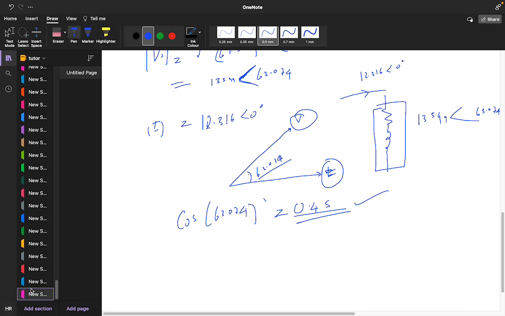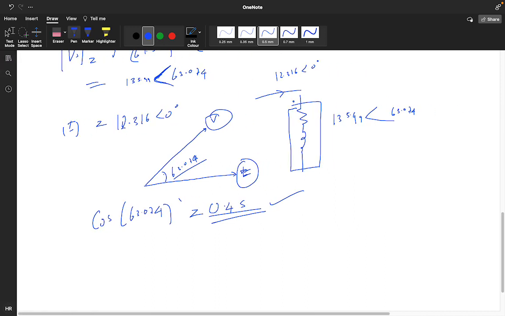And you need to calculate the power, meaning useful power. Always remember, useful power will always form across the resistor. You know the value of current. So what is the power? Power is I square into R. So useful power will be I square into R. So calculate it and get the result.